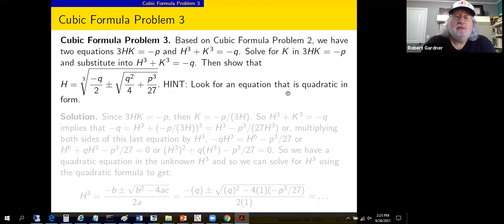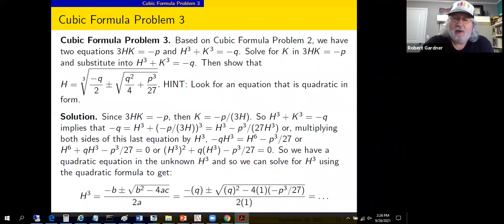Look for an equation that's quadratic in form. See the plus or minus the square root of stuff. Something's happening here with a quadratic equation. So in some sense, we're using the quadratic equation to find a cubic equation. Not surprising. Sounds like we might be doing something inductive. We're not. It's going to fail after we would have a 4th degree polynomial equation.